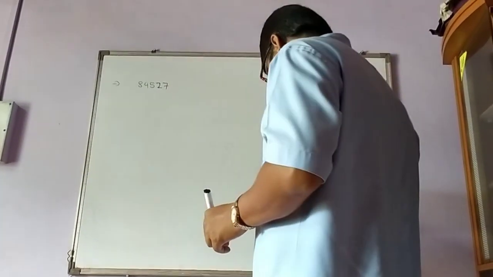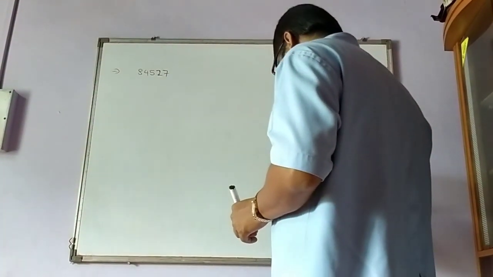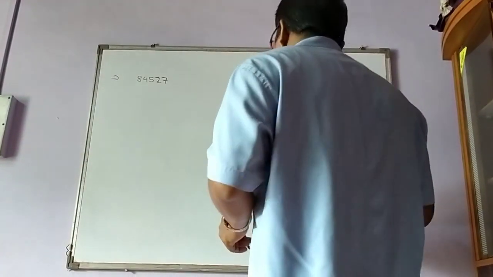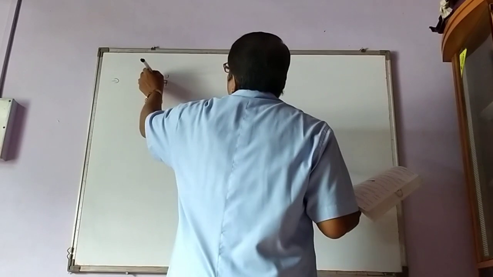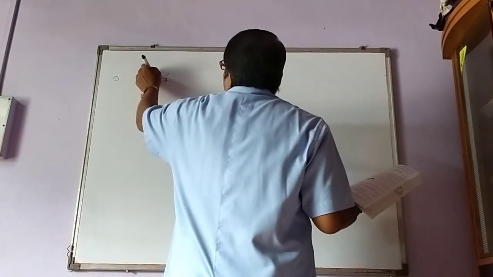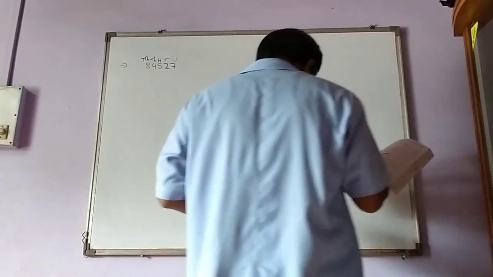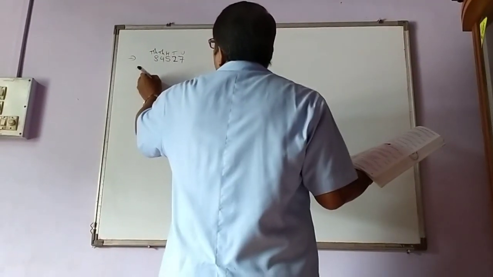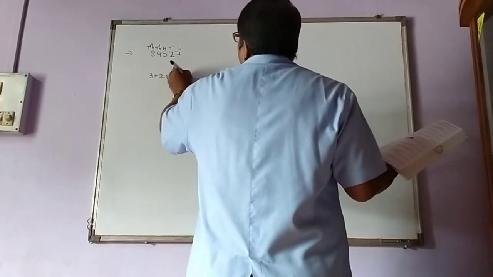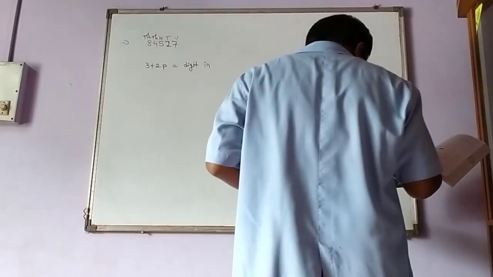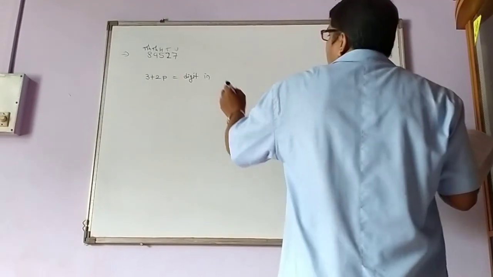84,527, and 3 plus 2p and 5 plus 3q, these are the digits in the thousands and tens place. So this is units, this is tens, this is 100, this is thousands, and this is 10,000. Okay, 3 plus 2p, digit in which place? Thousands place.